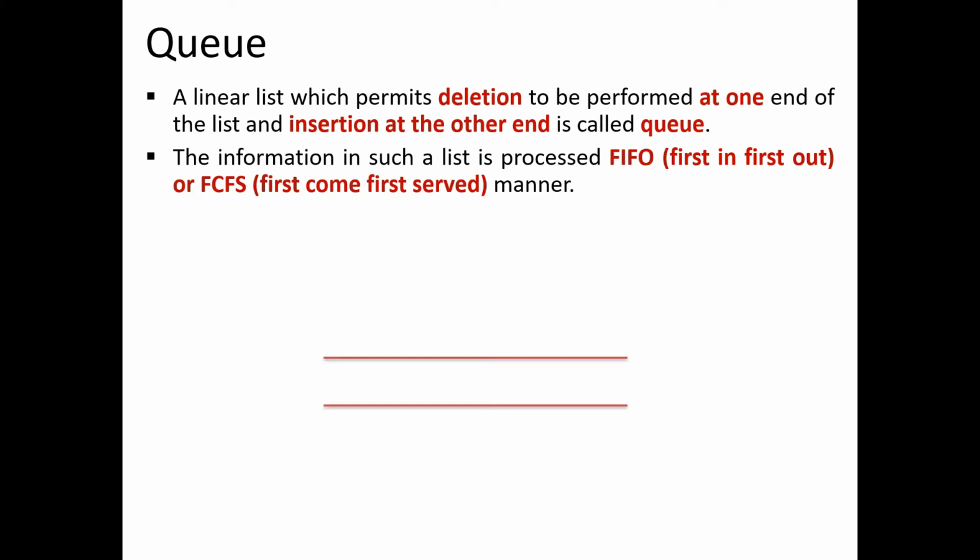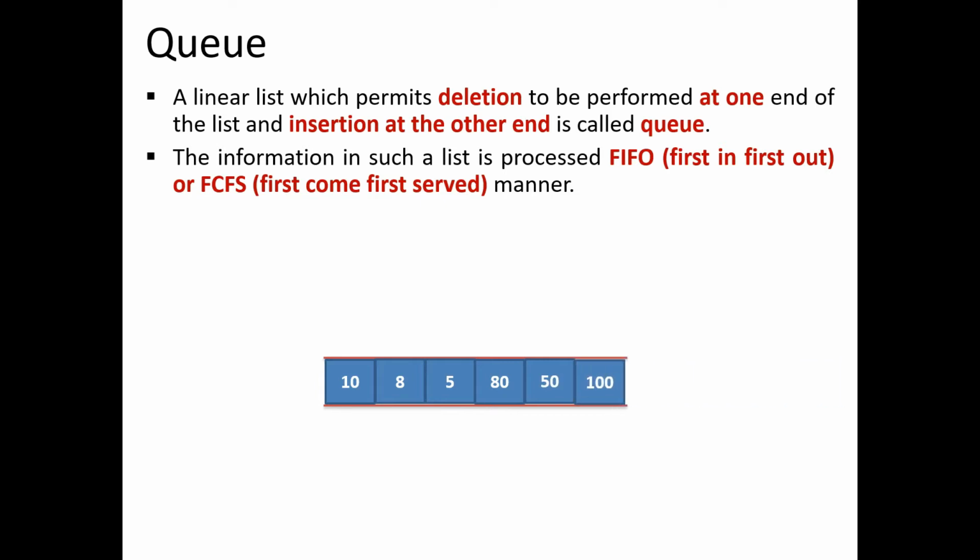Now here one queue is there. Insertion is always done at the rear, so 10 is inserted in the queue, then 8 is inserted, then 5 is inserted, then 80 is inserted, then 50 is inserted, then 100 is inserted.